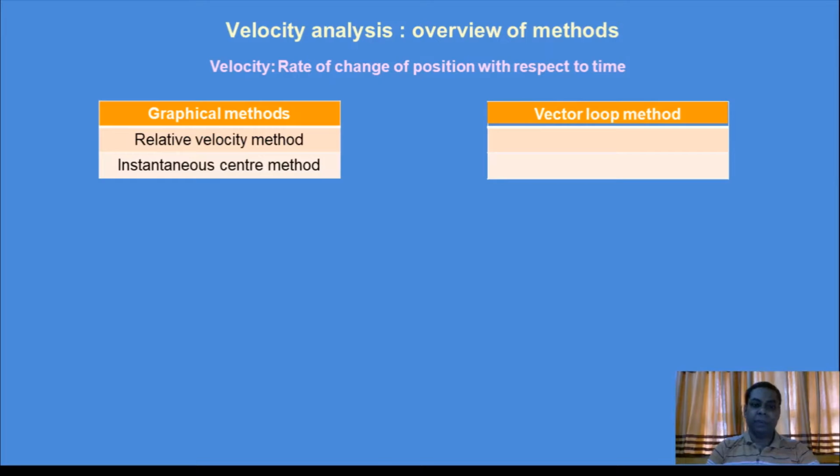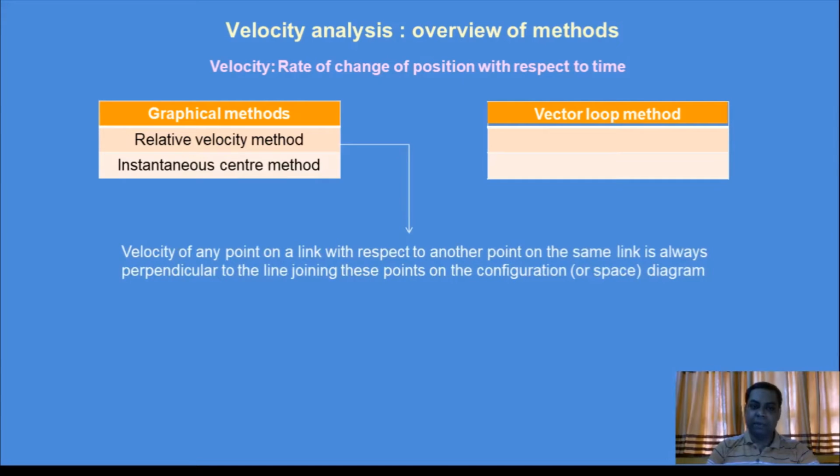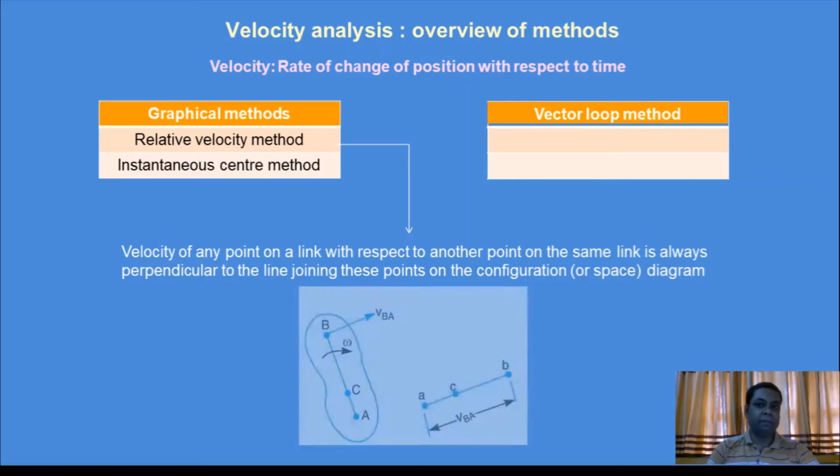Today we are going to discuss a part of the relative velocity method, in which the velocity of any point on a link with respect to another point on the same link is always perpendicular to the line joining these points on the configuration or space diagram.